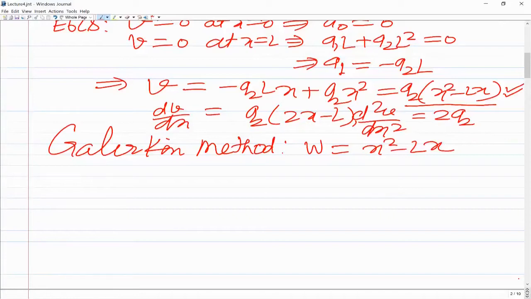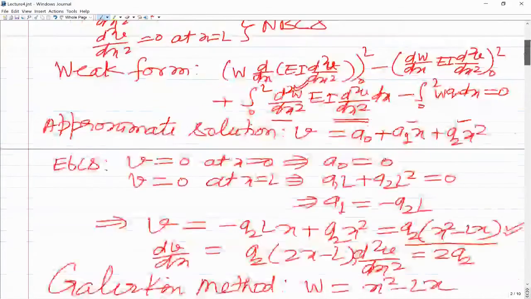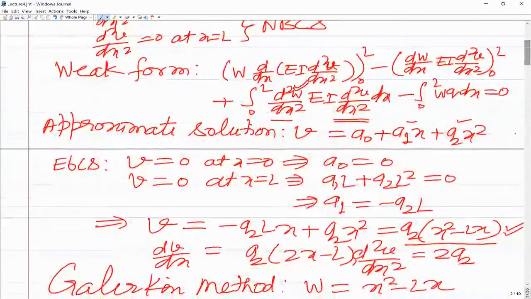So now if we substitute this in the weak form, if you look at this set of terms, this boundary term has to be evaluated at x equal to 0 and L. Now if you look at your weight function, we do not know d by dx of EI d2v by dx square.